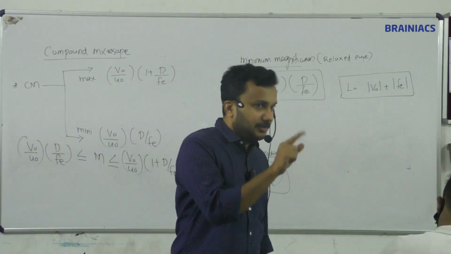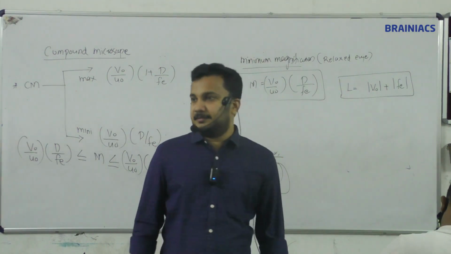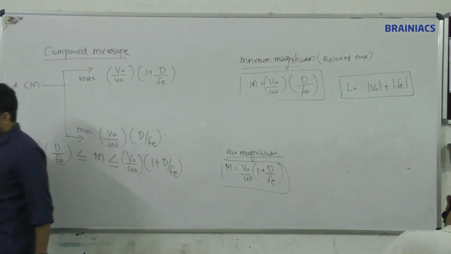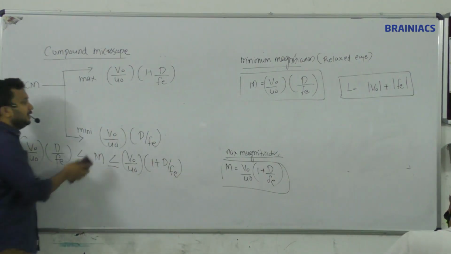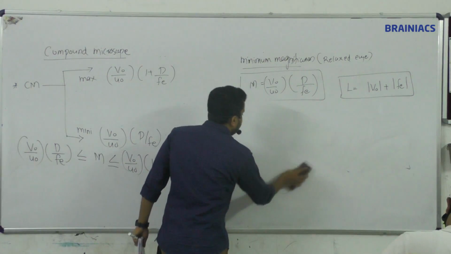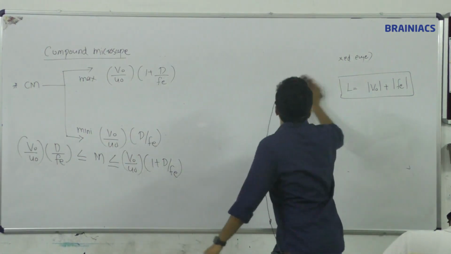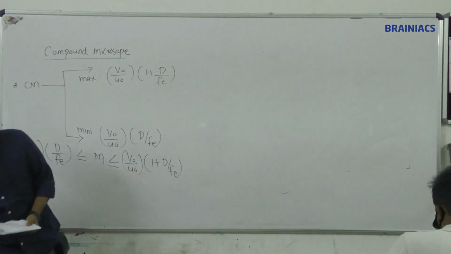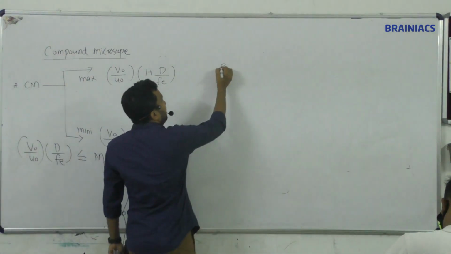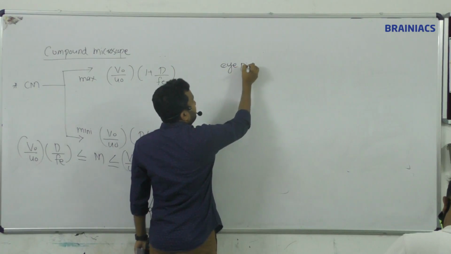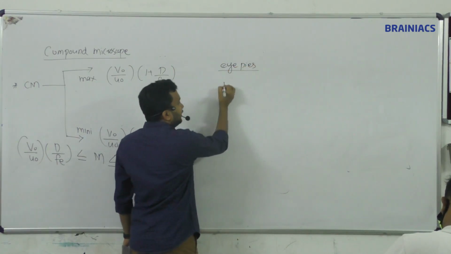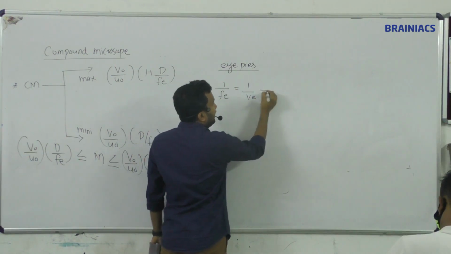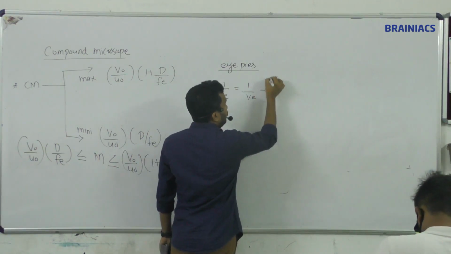Step by step we will do. 1 by FE equal to 1 by VE minus 1 by UE, that's the first step. We are applying the lens maker's formula. For the eyepiece lens, we first apply the lens maker's formula: 1 by FE equal to 1 by VE minus 1 by UE.